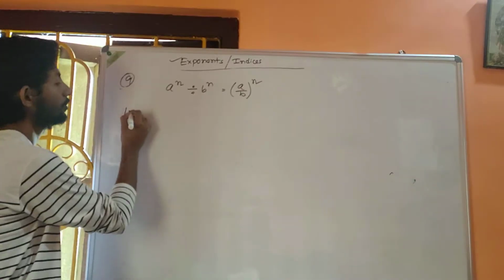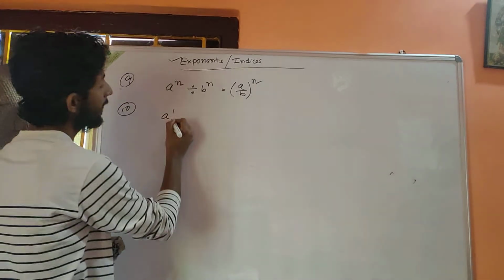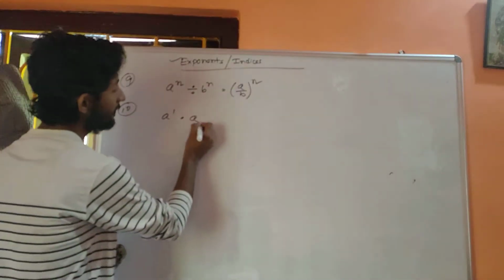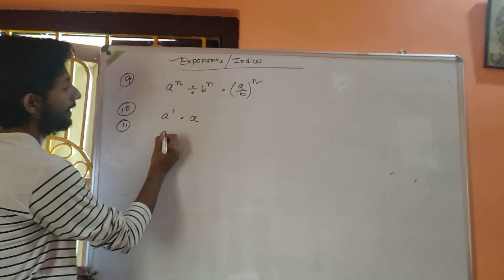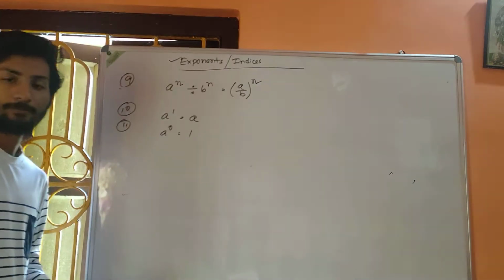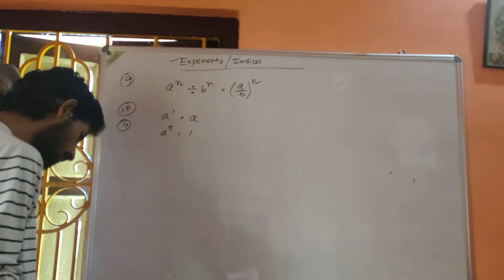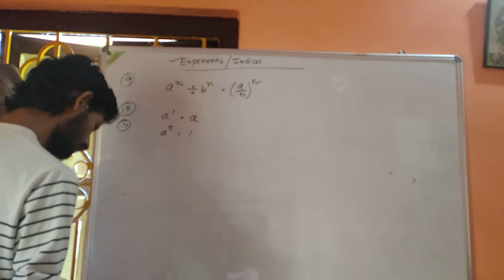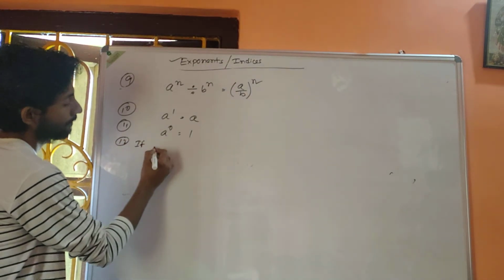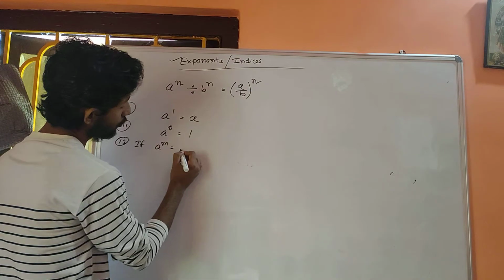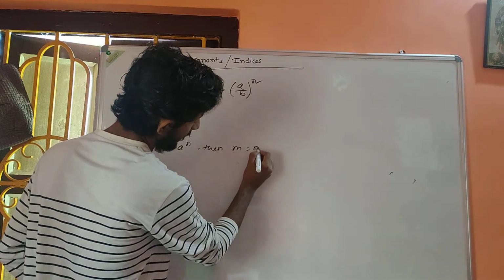Now number 10, you have to always remember that a to the power 1 is always a. Number 11, a to the power 0 is always 1. Clear? And number 12, if a to the power m equals a to the power n, then m equals n.